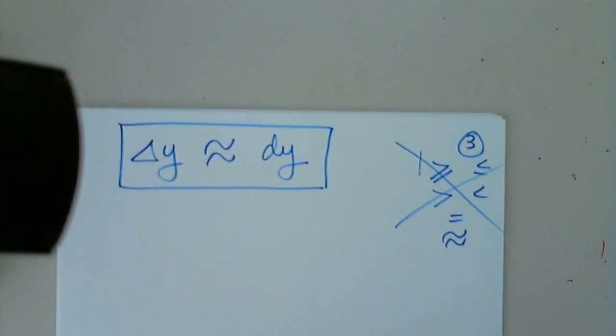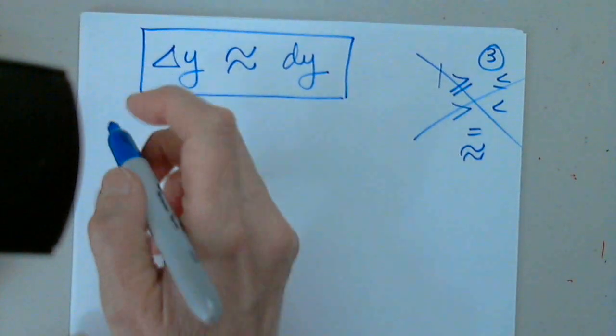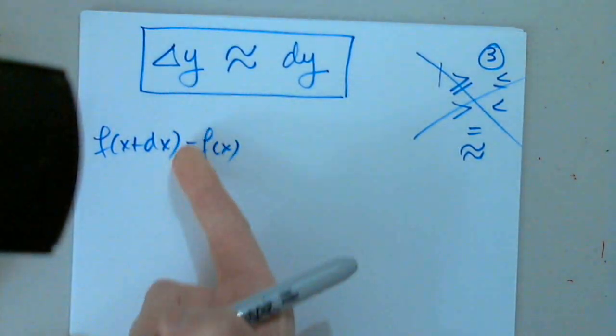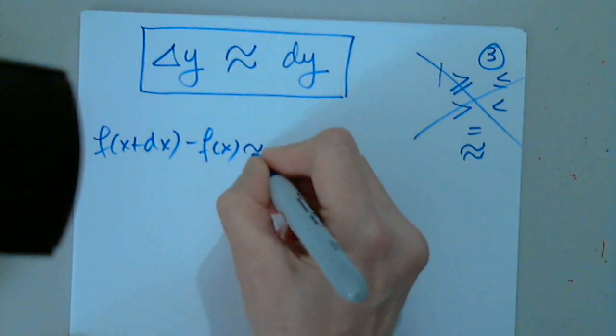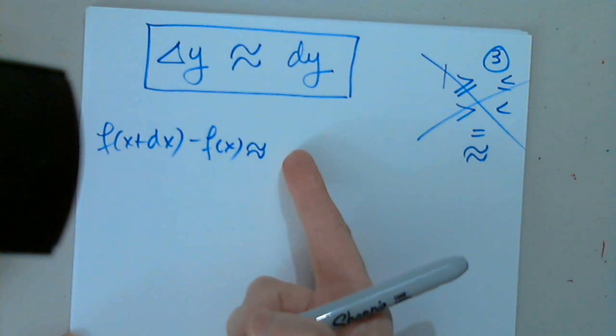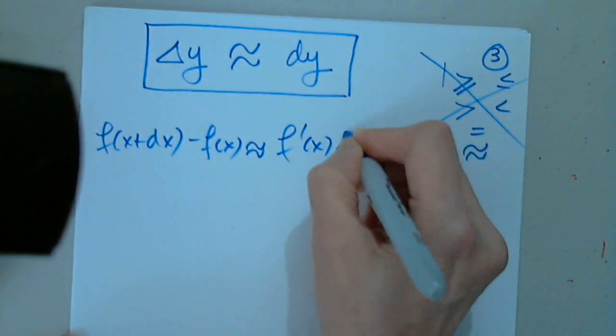So this I'll replace with f of x plus dx minus f of x, because that's what it equals. Can anyone tell us again what dy represents? f prime of x times dx.